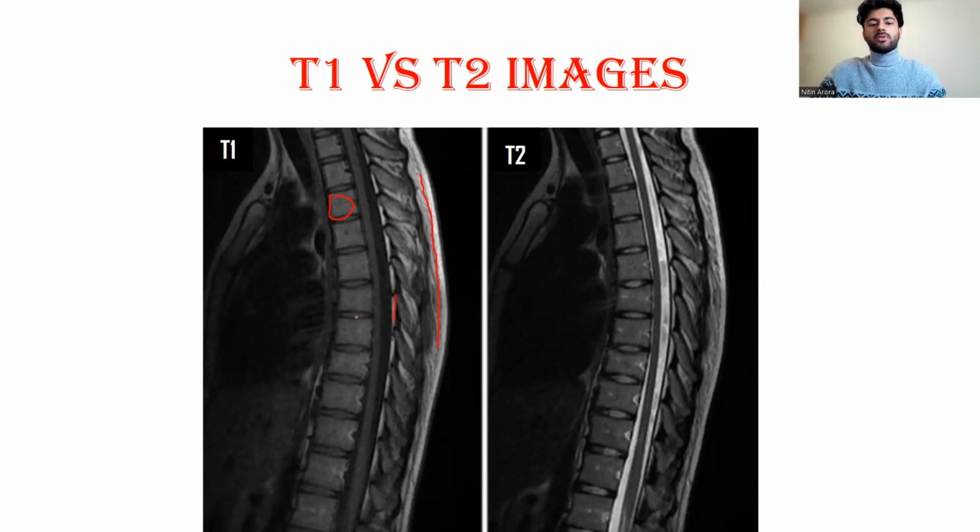So this is what we call a T1 weighted image. This comes from fat structures and it helps in looking at the anatomy of the structures very nicely. Whereas the other one is what we call a T2 weighted image, where the cerebrospinal fluid appears white and the disc appears whiter than in the other one. This is a T2 weighted image.